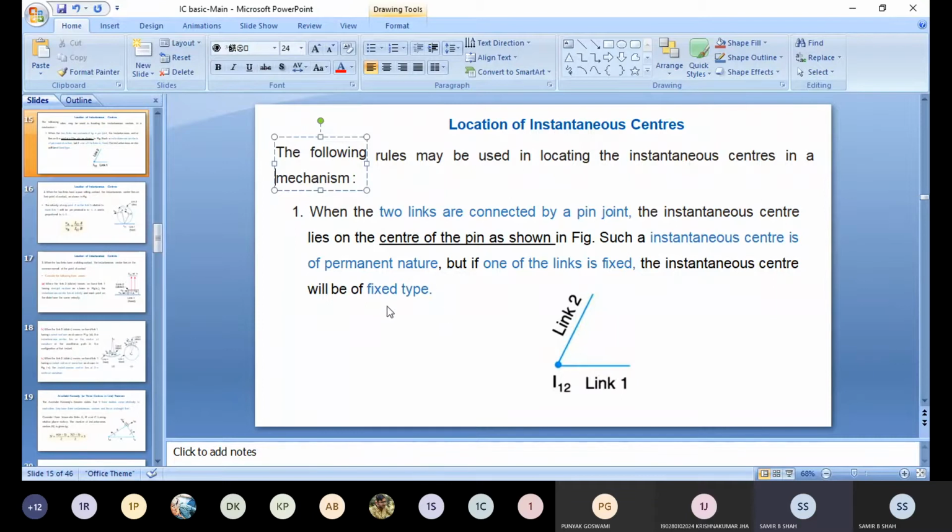You remember the first rule of location: if two links are both connected by a pin joint, and none is fixed, then we get the I center at the center of the pin joint. But if one of the links is fixed, then the I center is also fixed.